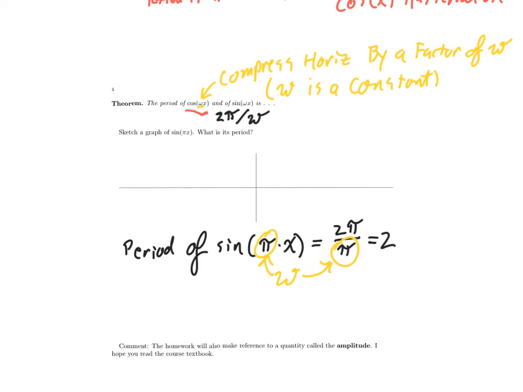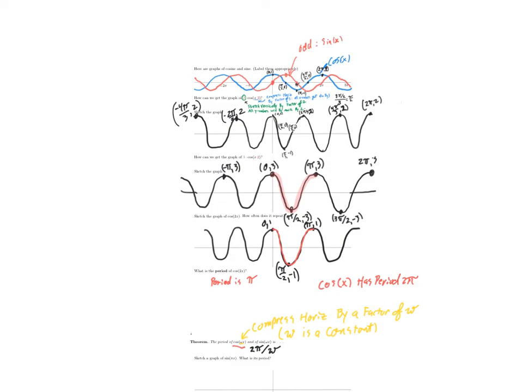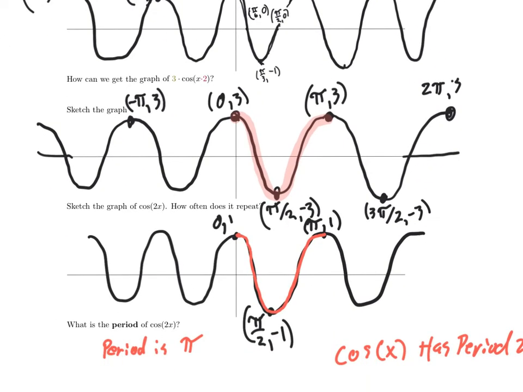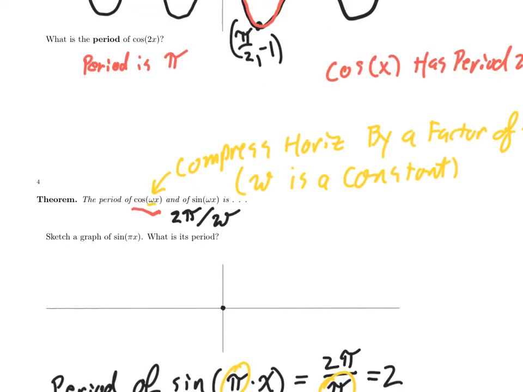Let's see if it actually does. Let's look up at the graph of sine of x. It's the red one up there. Let's chase through some points. This point, 0, 0: the x value gets divided by pi, 0 divided by pi is still 0.